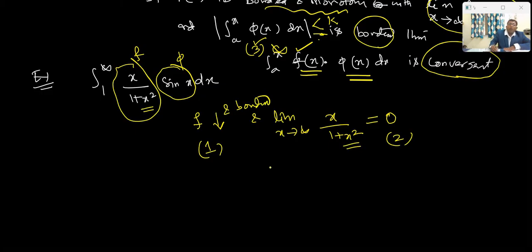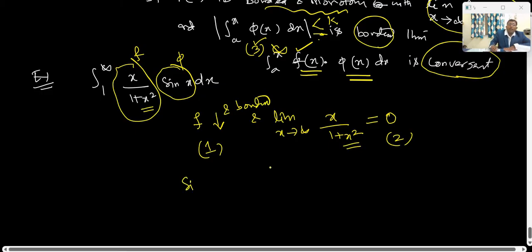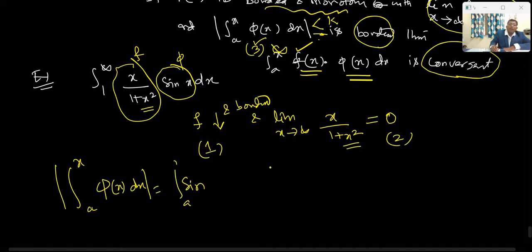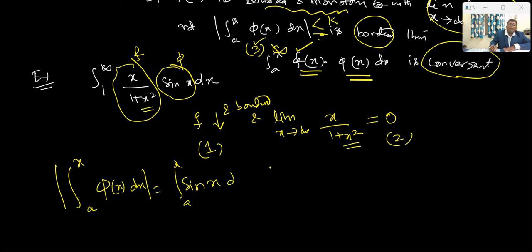And what will happen to the integral of phi x dx, the modulus of the integral from a to x? This is equal to the modulus of the integral from a to x of sin x dx. The integration of sin x is minus cos x, with limits from a to x.